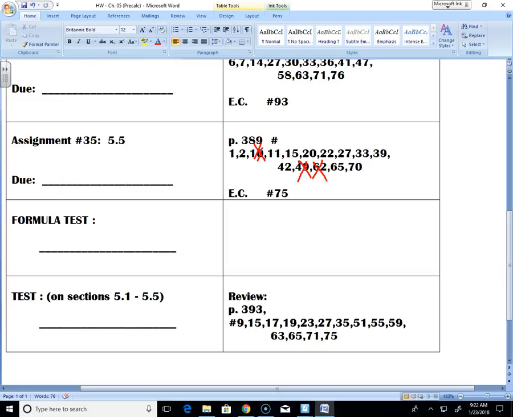And that's it. You take out number 10, number 49, and number 62. And we will skip all the product to sum examples.